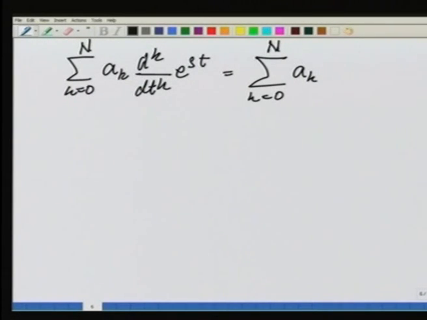So, we have a k times s to the k e to the st.